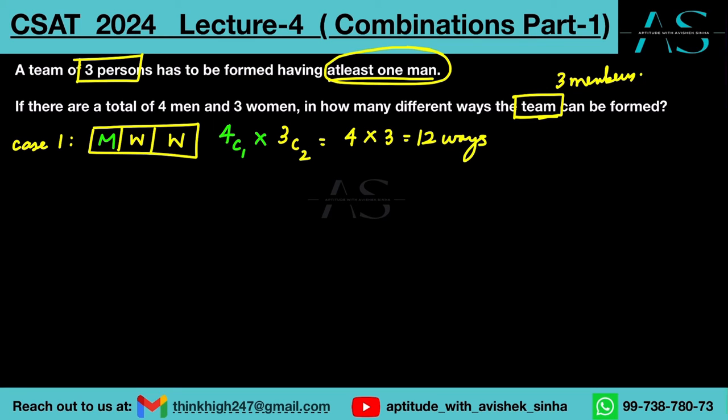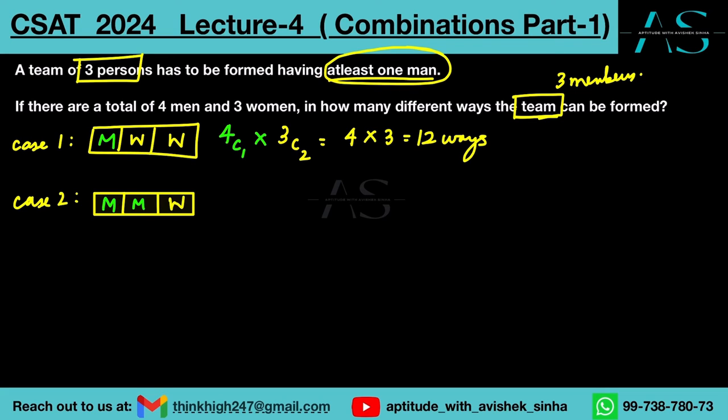Now can we have a different case? Let's see. Case number 2. Now, in this case, can we say we can have 2 men and a single woman? The team must comprise at least 1 man. So yeah, we have 1 man at least.